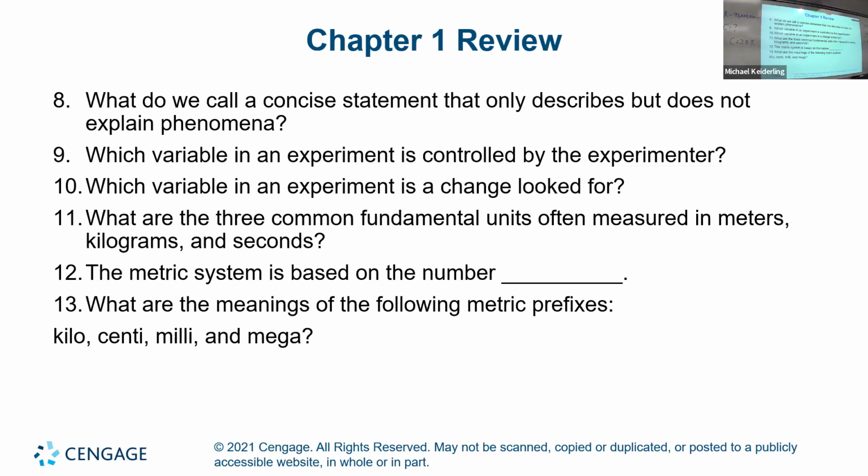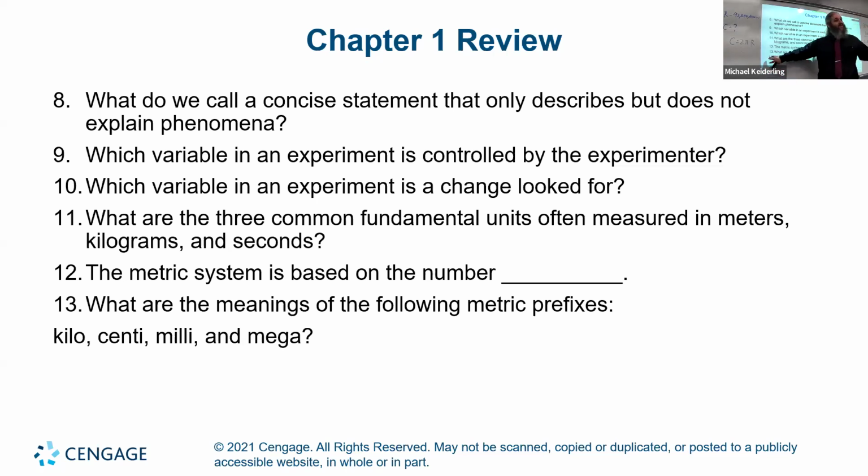So what are the meanings of the following metric prefixes? What does kilo mean? Yes, but what's the number that it means? So how many meters are in a kilometer? It's 1,000.